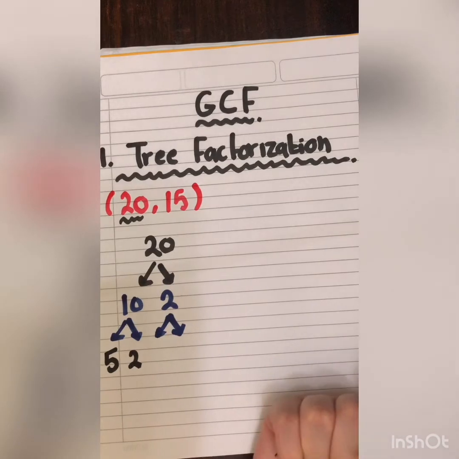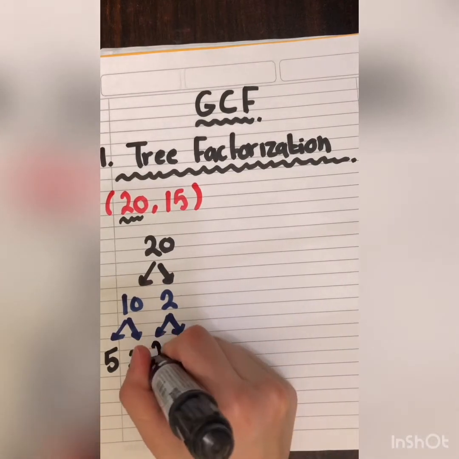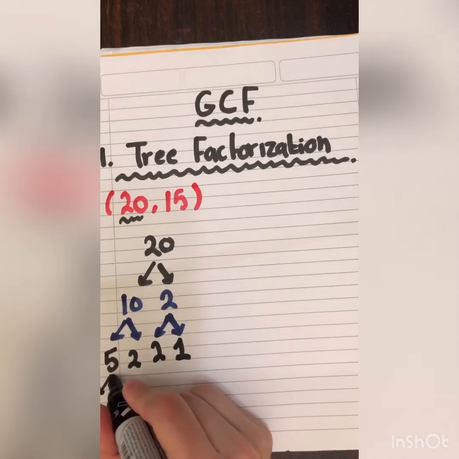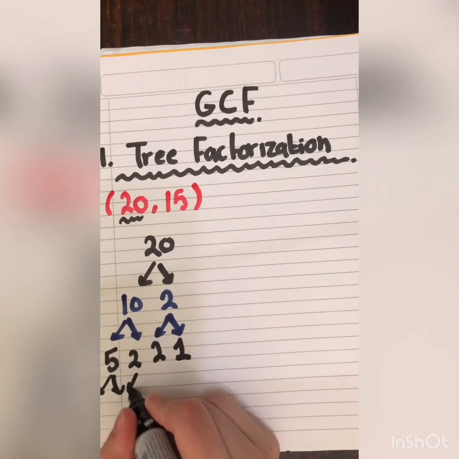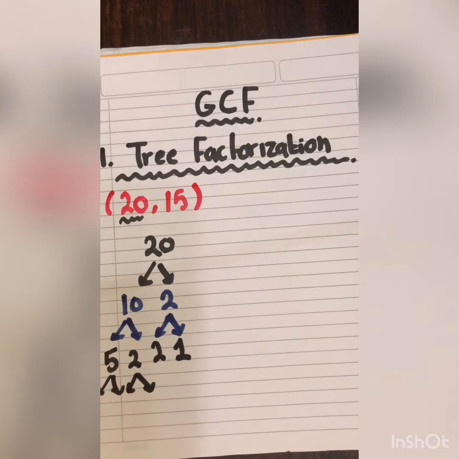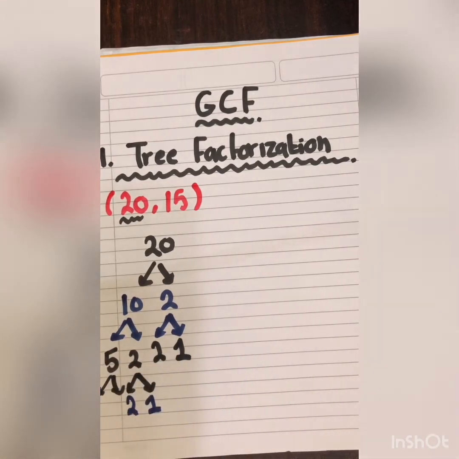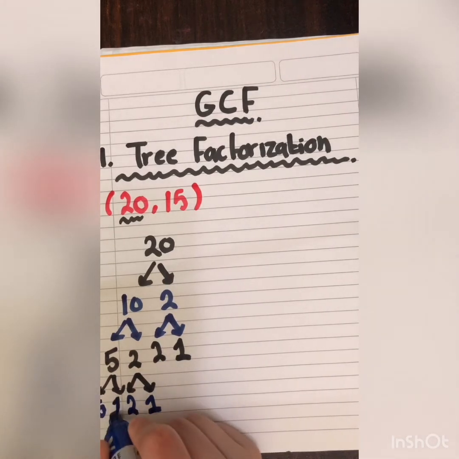The 2 is a prime number, so 2 and 1. Now 5 and 2. We said here that the 2 is a prime number, so 5 and 2. Same here, so 2 and 1. And 5 is also a prime number, so 5 and 1.